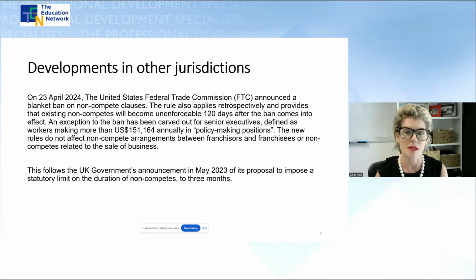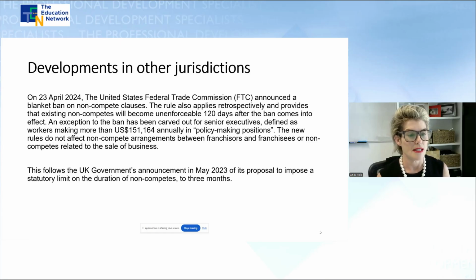So people who have the ability to influence what the company does, the types of decisions that it makes, although there hasn't been a huge amount of commentary on what is or is not a policy-making position yet. Now, the new rules don't affect non-compete arrangements between franchisors or franchisees, and they also don't affect non-competes related to the sale of business.